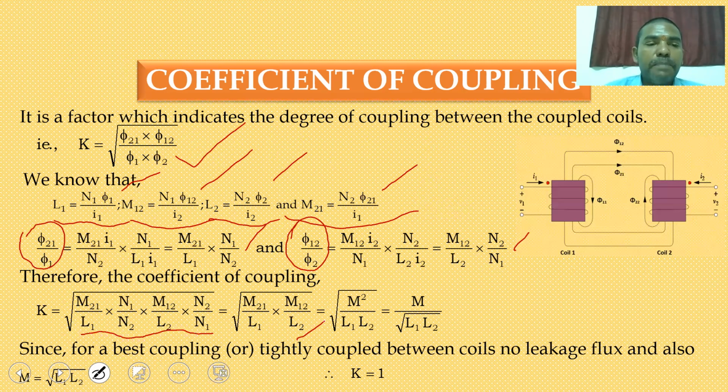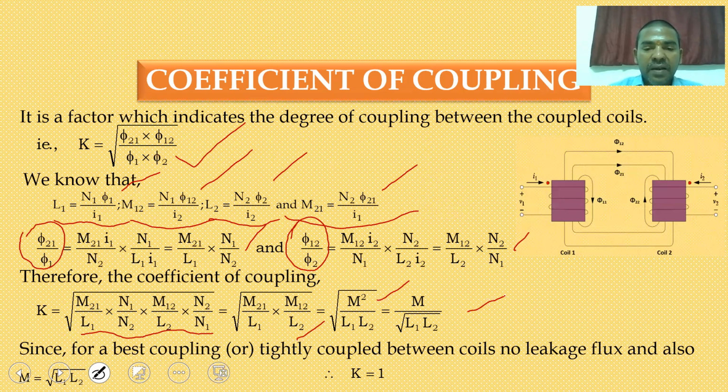For the best coupling, there is no leakage flux, so M21 must be equal to M12. You can write it as the root of M square divided by L1 L2, or M divided by root of L1 L2. So the M value is root of L1 L2 for the best coupling.